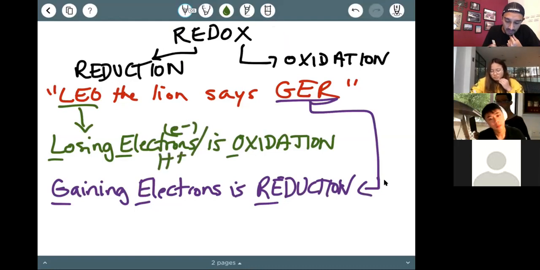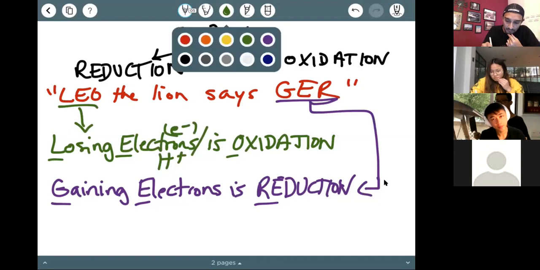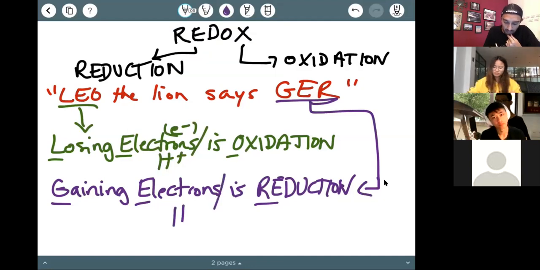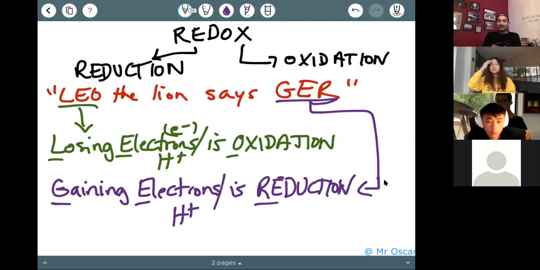But this could also be the loss of a hydrogen atom, often both. So oxidation is the loss of an electron or a hydrogen. Reduction is the gain of an electron or a hydrogen.